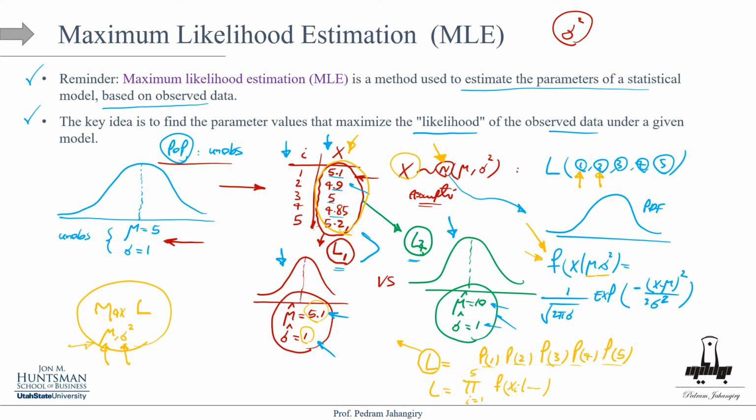So hopefully this made sense, and now you can see why, when we wanted to talk about ETS models, we had to make an assumption for the errors. We said errors are normally distributed. Why normally distributed? Because we know the PDF of a normal distribution. You could say, okay, not normally distributed, another distribution. As long as you know the density function for that distribution, you could use it, right?